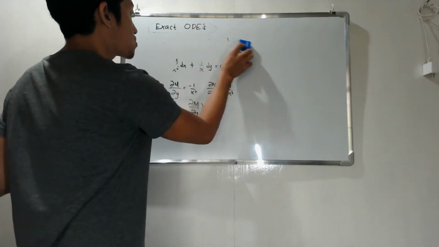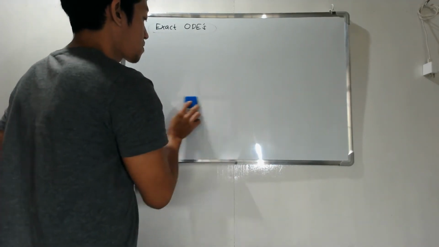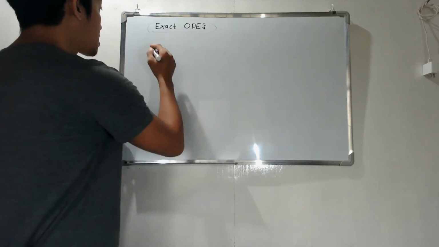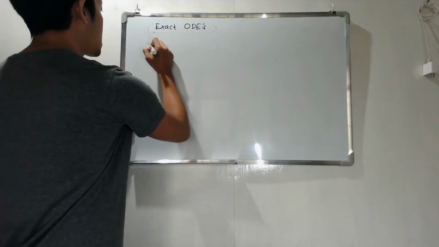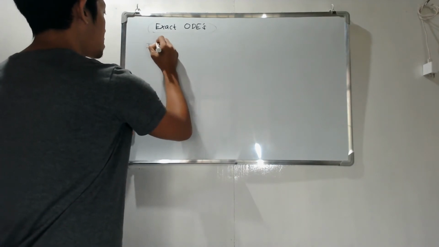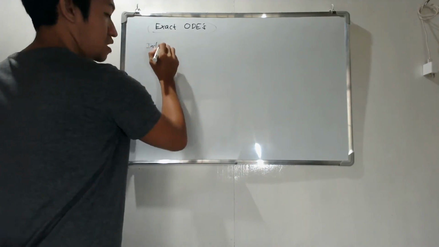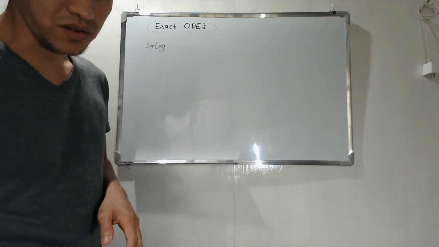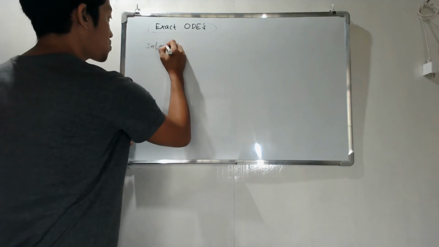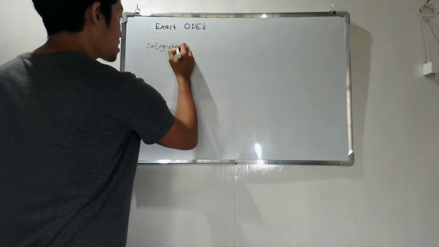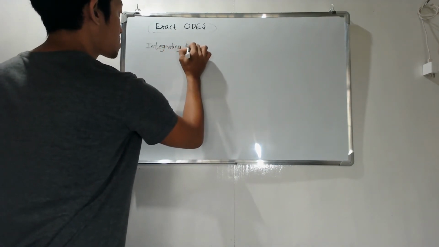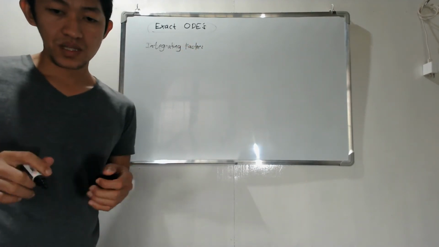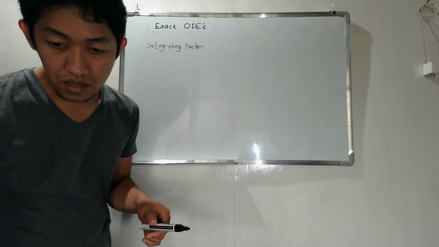So let's erase this one, and let's find out how to get the integrating factor, or the expression that we multiply to the differential equation. Integrating factor. So how do we get that one?